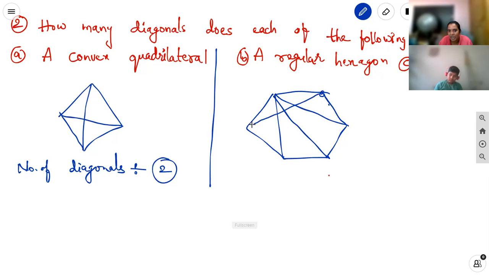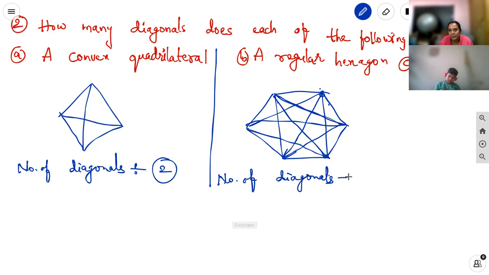Next, from this vertex, 4 diagonals, 5, 6. From this vertex it's already counted, then 6, 7, 8. From this vertex, 9. So the number of diagonals for the regular hexagon is 9.